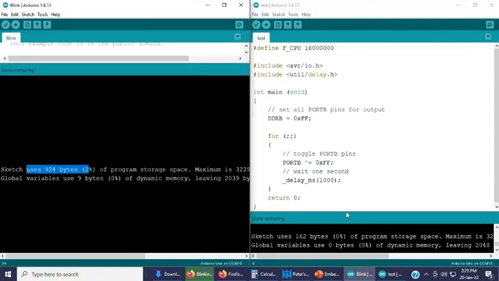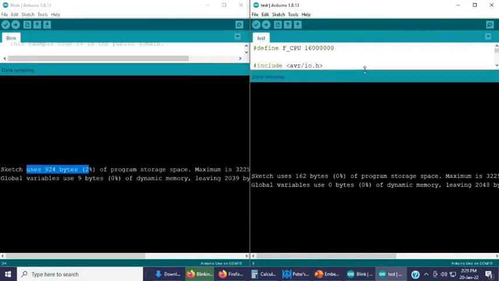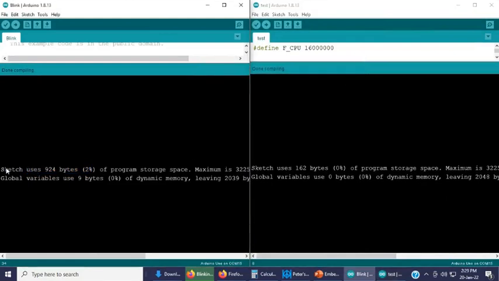See here, what is the difference? Now you can see, when you are using an abstract level language, it was using 1 KB out of 32 KB, just for blinking an LED, to make an LED on and off. If you use embedded C, see how many bytes it is taking? 162.